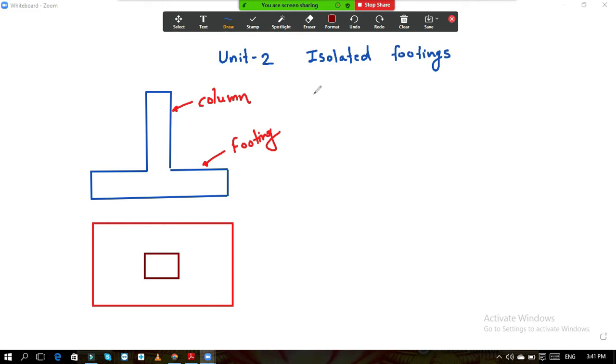Now some theoretical points are there regarding the footing introduction. You copy down those points. I will write here, and you copy it.